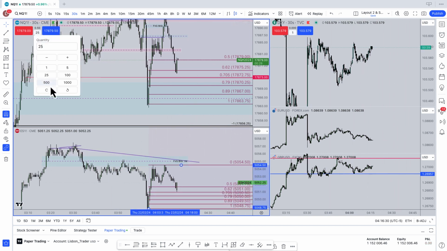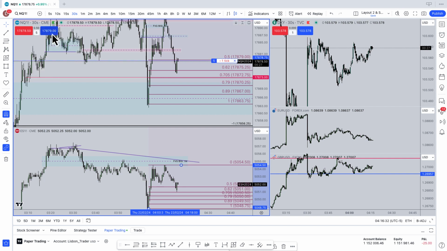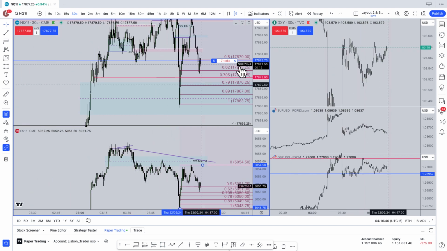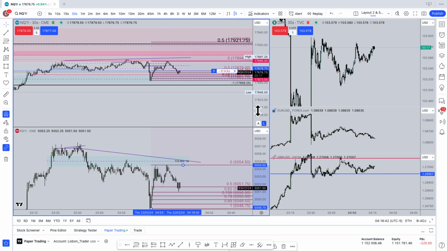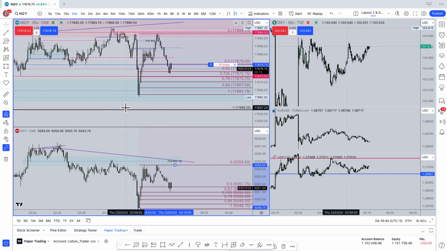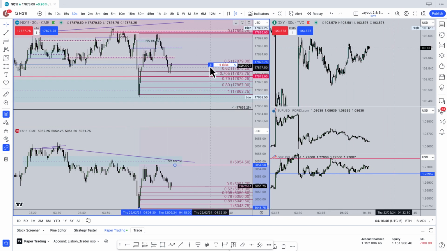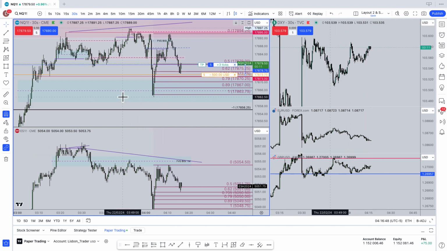So 52. So we started the week making 50k, and now we are drawdowning 50k.